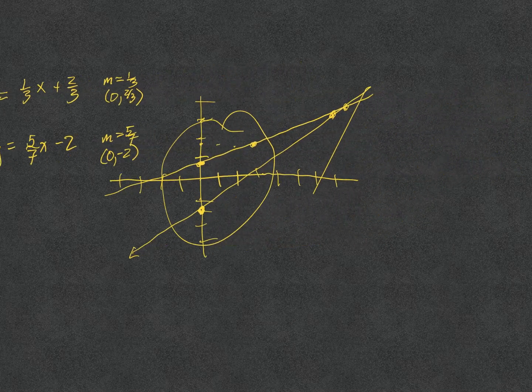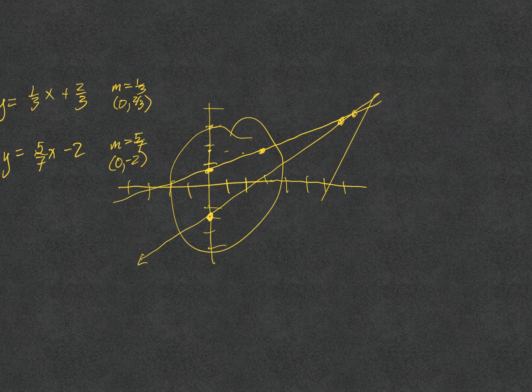You would have to move the graph in Desmos to find where they cross. Now it looks like they cross out here at about 8, 3, approximately. All right.